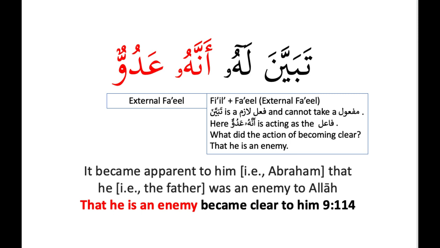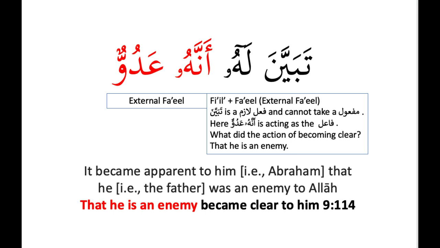Last example in this. Tabayyana lahu annahu aduun. Tabayyana means it became clear. It became apparent. Lahu means to him. Here, lahu is referring to Ibrahim. Tabayyana means to become clear. It became clear.